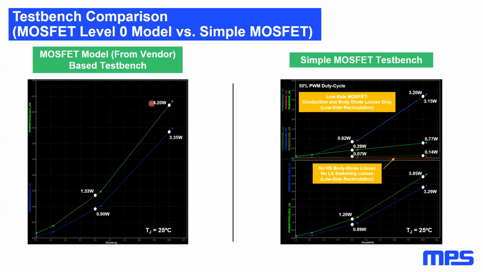So even if you have a 50% duty cycle and you believe the losses are equally shared between the high side and the low side, that's not true. You could, for example, think: I measure the losses on the low side, assuming the high side has the same losses, and you would be making a great misjudgment there. So I recommend you calculate, estimate, and measure the losses in both the high side and the low side.